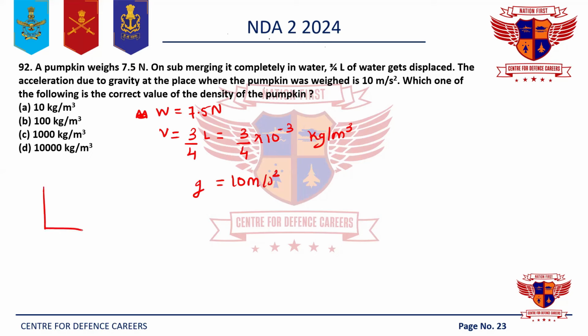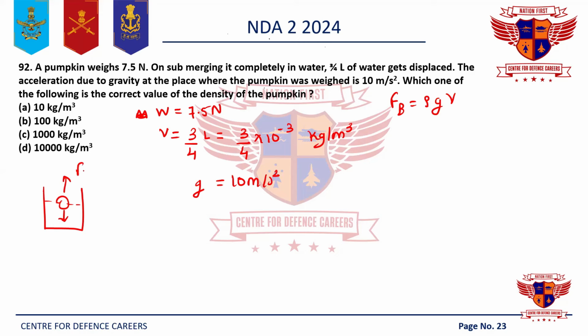So if this is the container and this is the fluid and this is the object, then because of the weight of the object, it applies a force downward, and because of buoyancy, the liquid will apply an upward force. So the formula for buoyancy will be FB equal to rho g V, where rho is density, g is the acceleration due to gravity, and V is the volume.